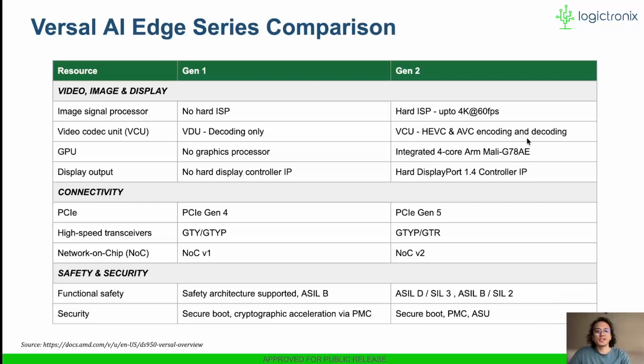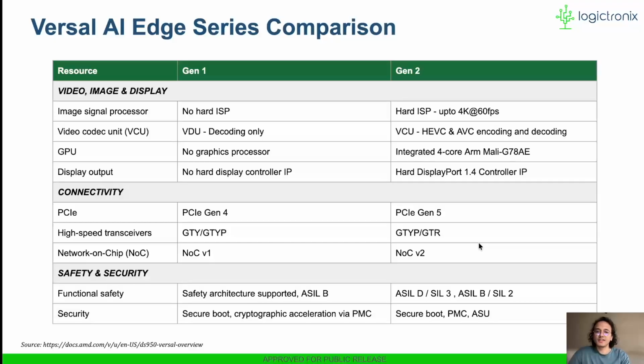Gen 2 also adds a graphics processor, ARM Mali G78, and a hard DisplayPort 1.4 controller IP has also been added. The PCIe support has been up to Gen 5, and the NOC architecture is also version 2 with newer supported features.